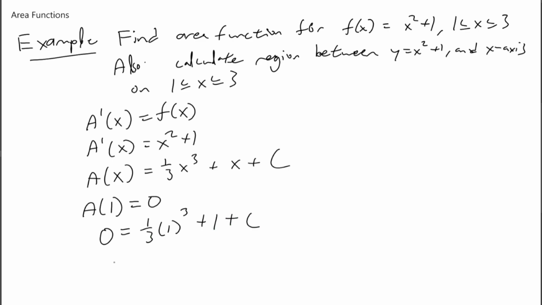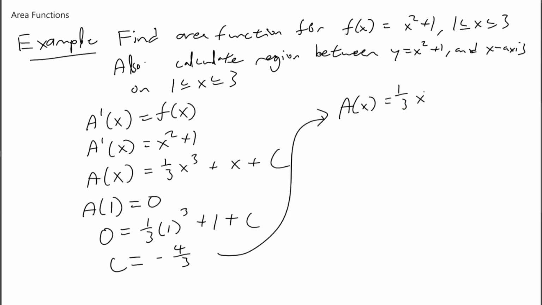Solving this, we further get c is equal to negative 4/3. Move the 1 over, it's going to be a negative 1. Move the negative 1/3 over, that's going to be negative 4/3. Thus, our area function is equal to a third x cubed plus x minus 4/3.